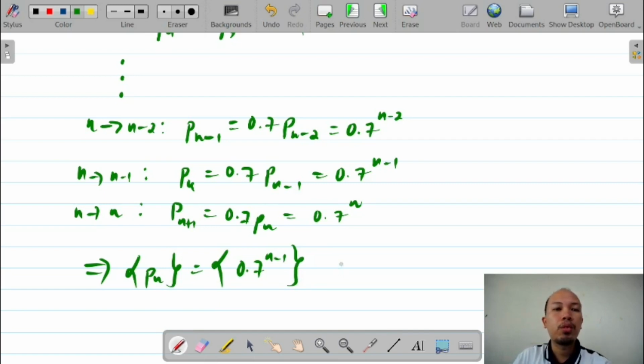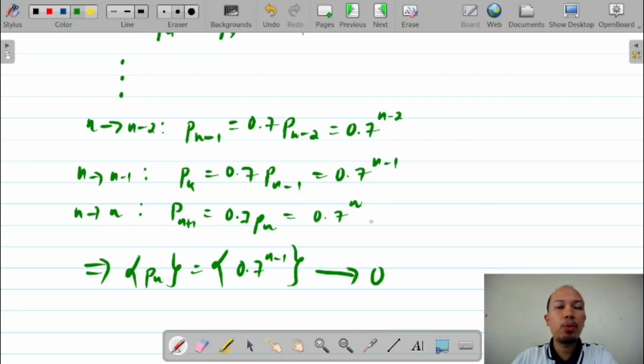And if you go back to calculus 3, this sequence converges to 0.